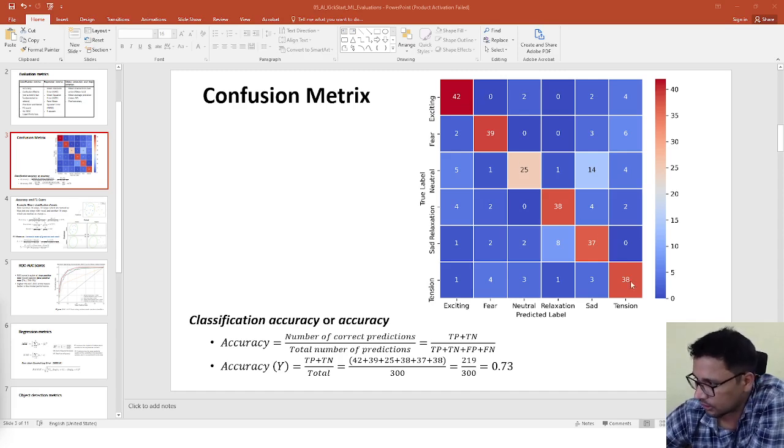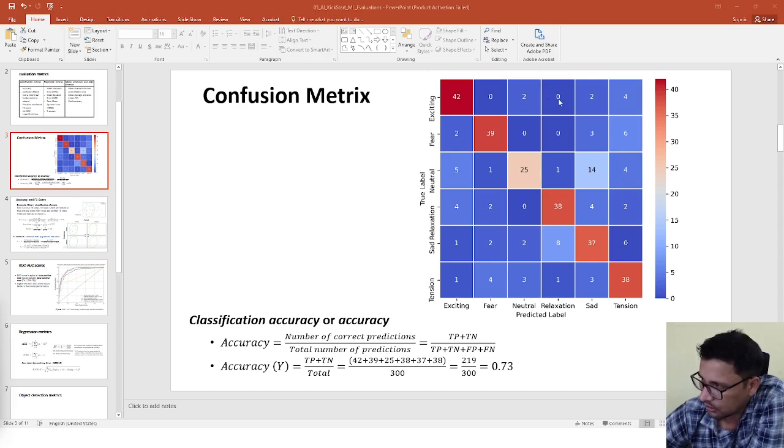So if we add all these diagonal elements and divide by the total number of samples, this is the accuracy, right? Here you can see the formula. All the diagonal elements are the true positive plus true negative. That's why these are the correctly classified classes, divided by the total samples.